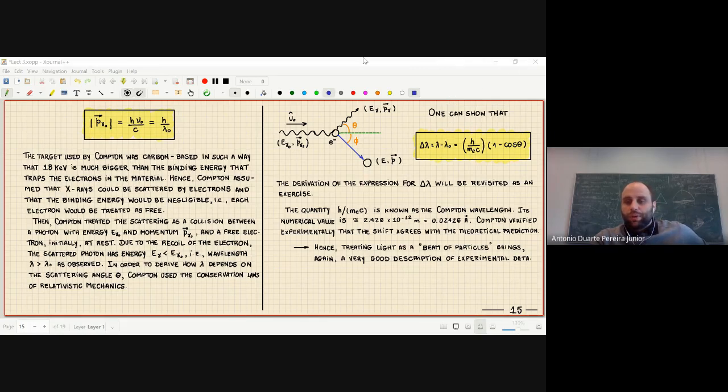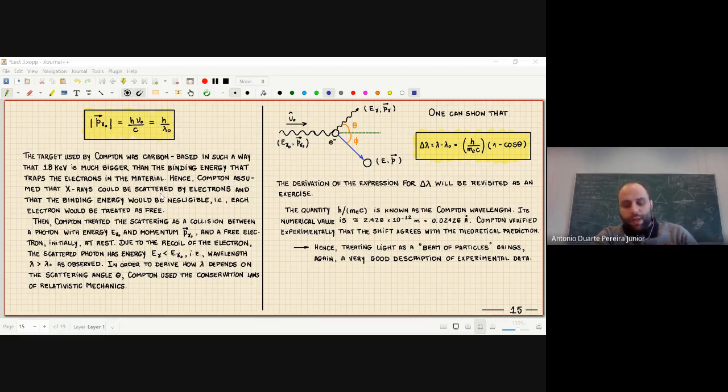Why are we using the mass of the electron? So the mass of the electron enters the game because, I didn't explain that, but what Compton did was to scatter photons with a material, with a target that was carbon-based.